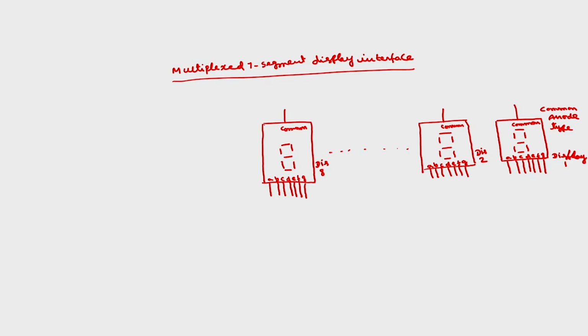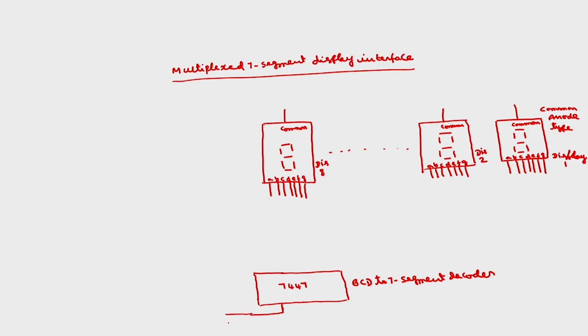I will take one 7447, which is called a BCD to 7 segment decoder. The input BCD value will be given by the port; this is the BCD input.